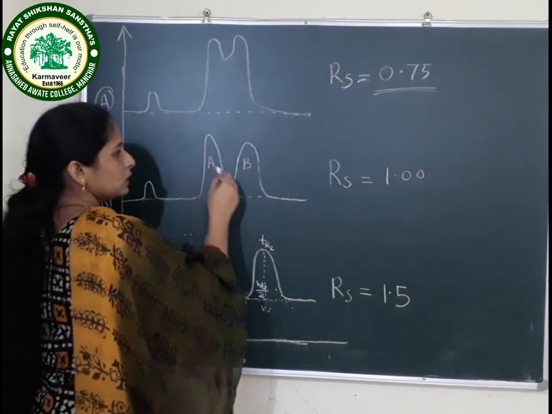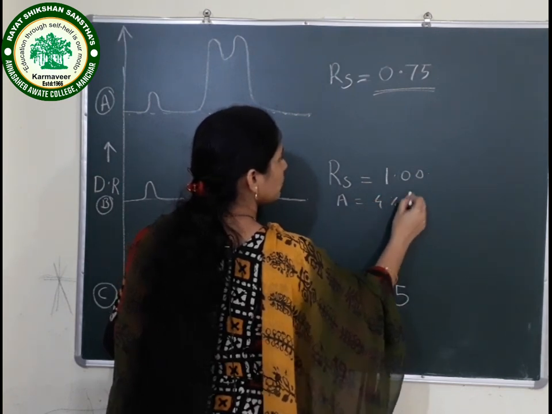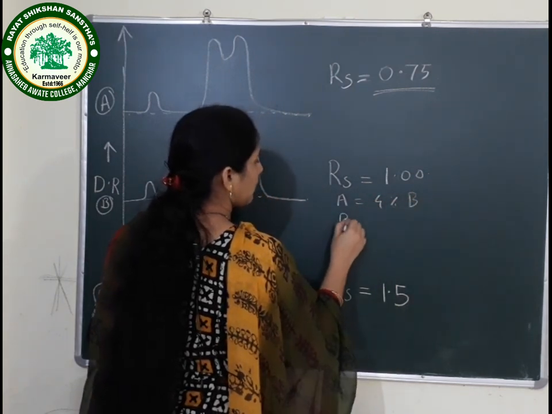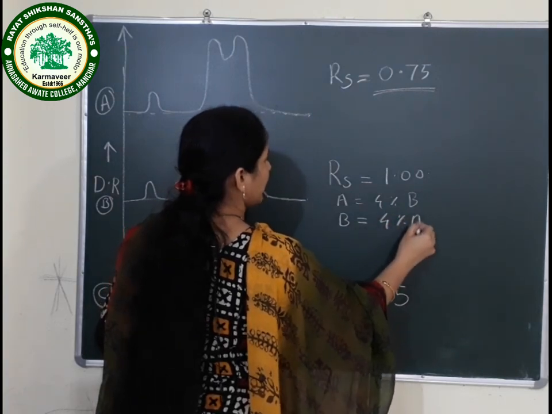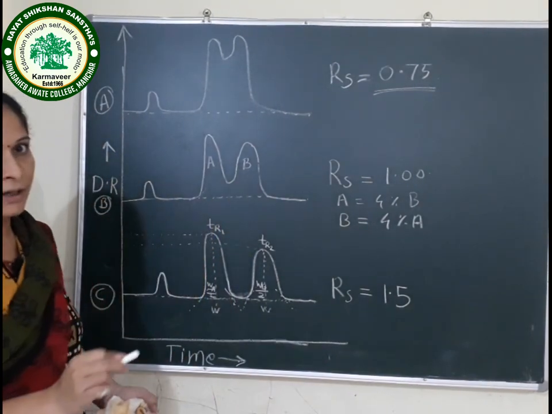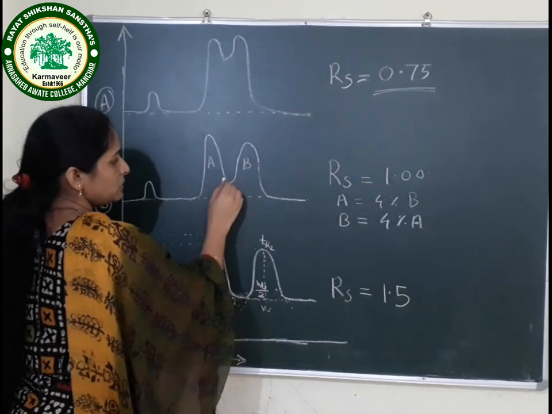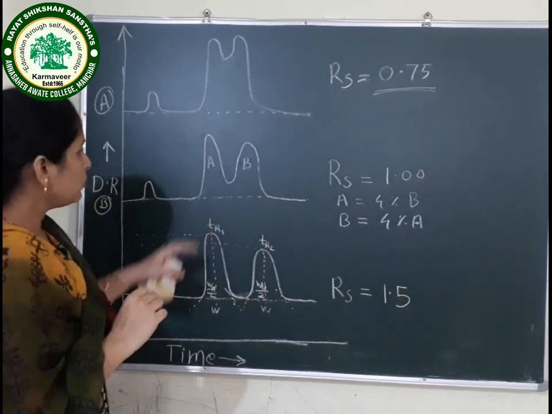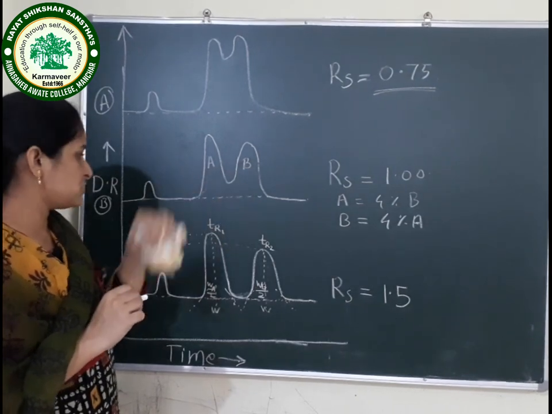This A component contains 4% of B and the B component contains 4% of A. Means they are not totally separated from each other, but somehow they are separated. Only trace components of A and B are present in each other.